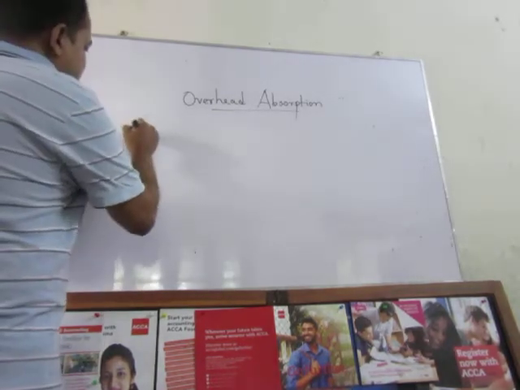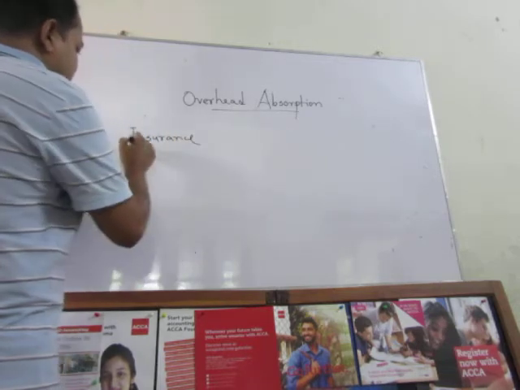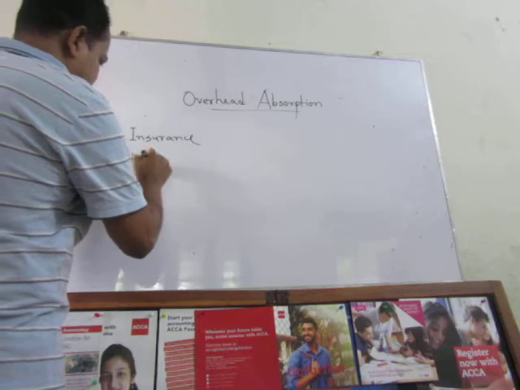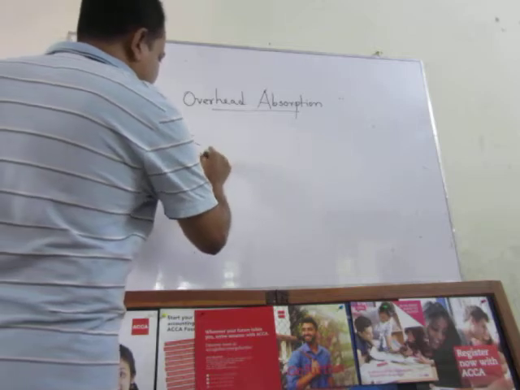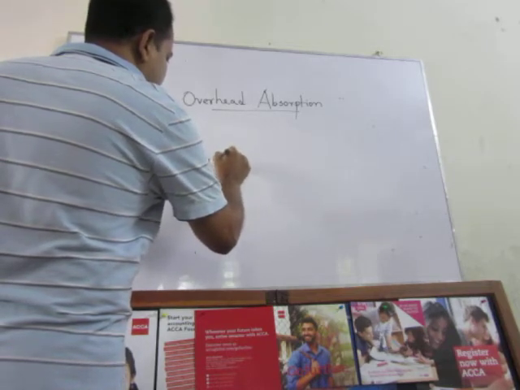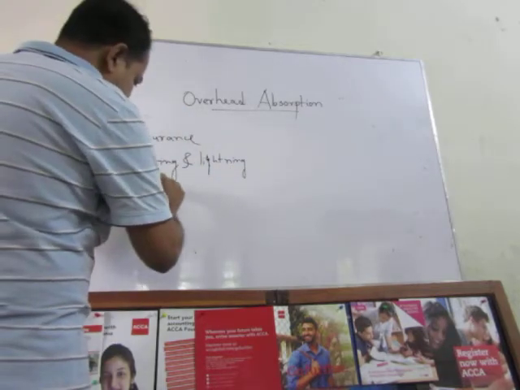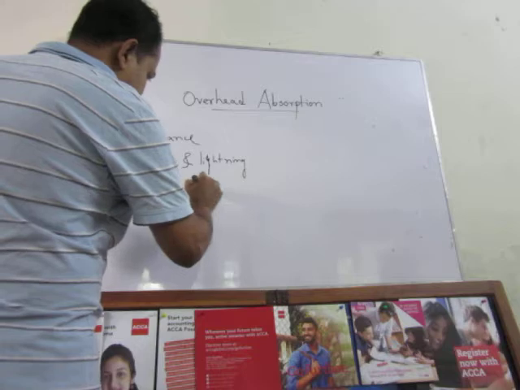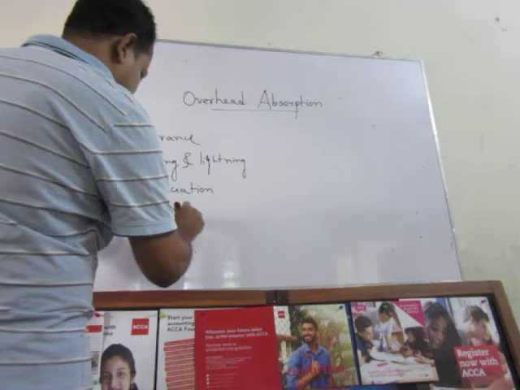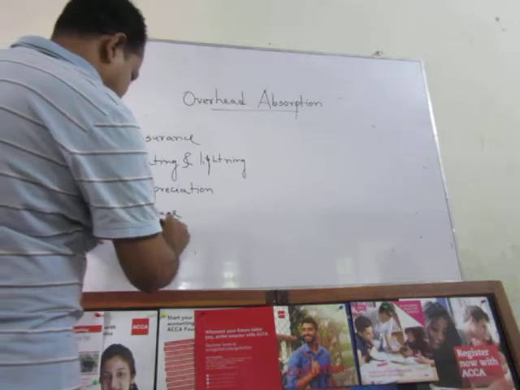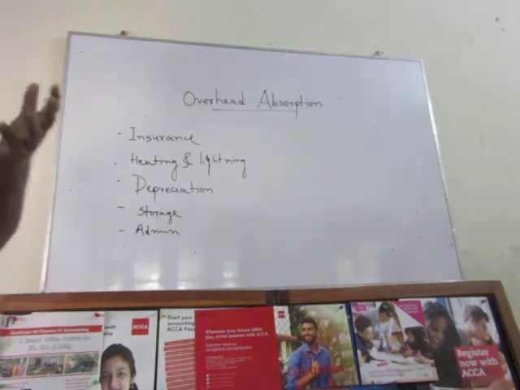Insurance. So these are some examples of different types of cost.